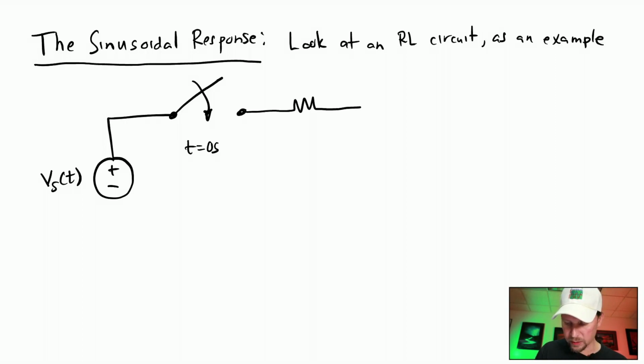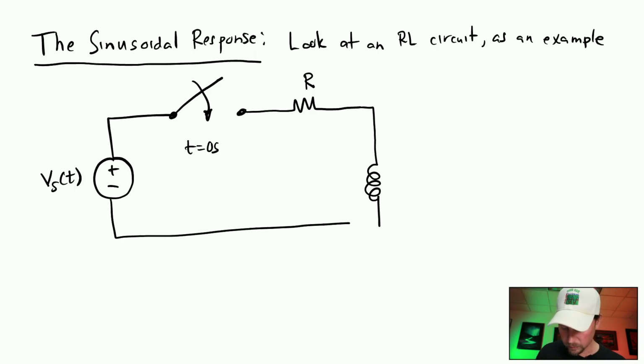The rest of the circuit is also hooked up to a resistor over here, as well as an inductor there, characterized by an inductance L. And there's going to be a current here of interest that's flowing through both the resistor and the inductor and even the voltage source. Keep in mind that all three of these elements are in series, therefore the current in each one of the elements must be the same at all times by KCL at any of the nodes.